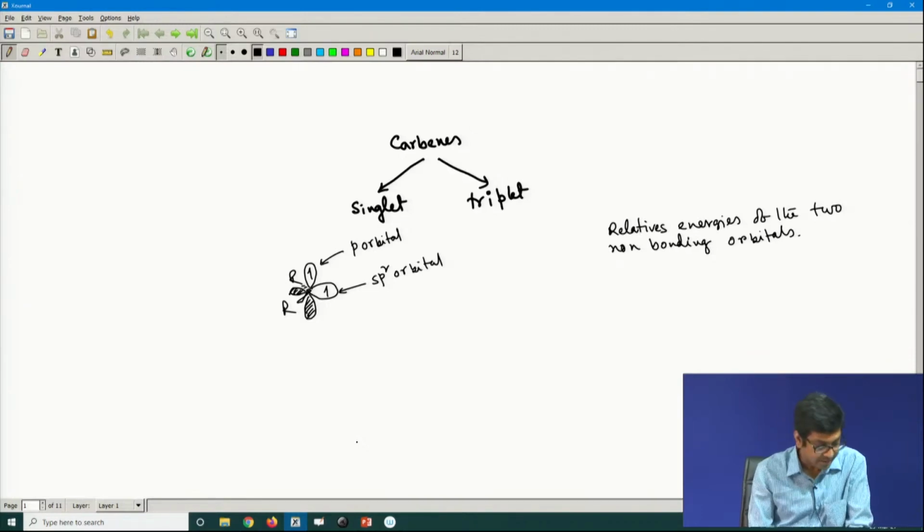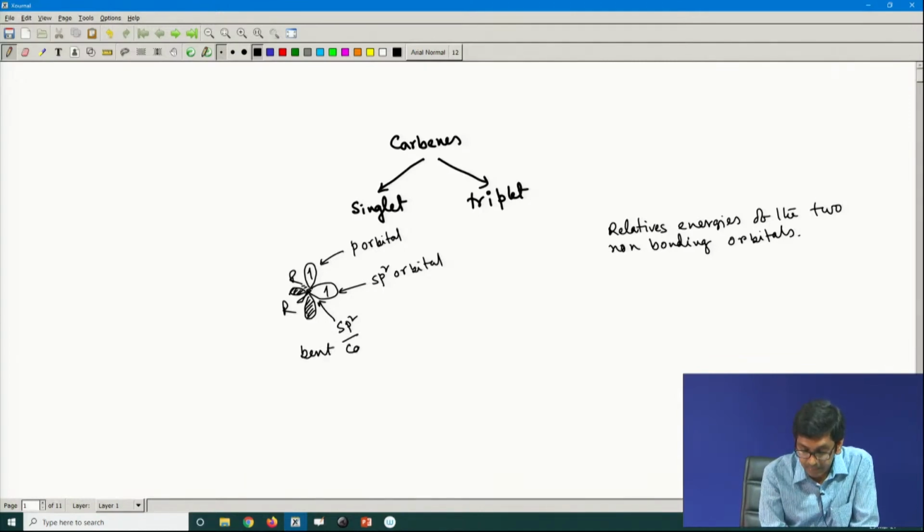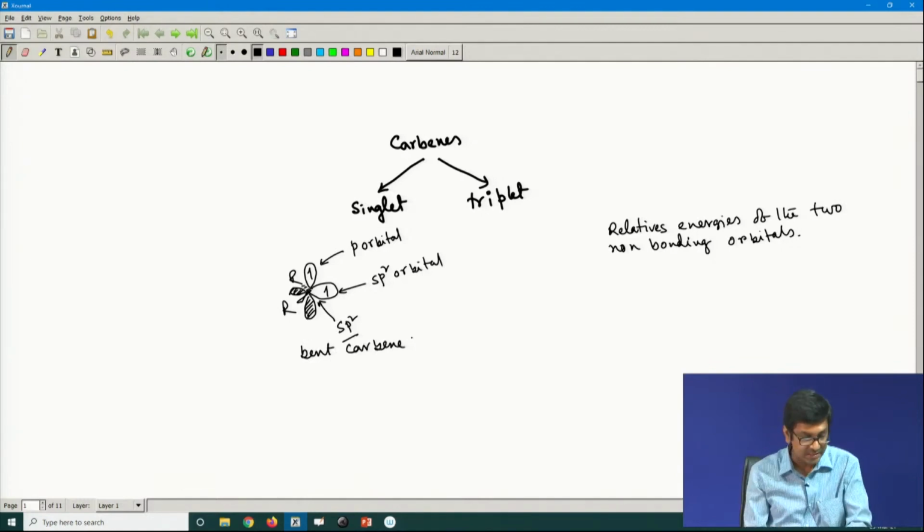Okay. And definitely this is an sp2 hybridized center. So, this triplet carbene is a bent carbene. I will come to more details about its bond angle and other things.